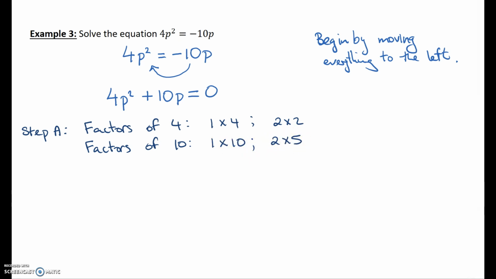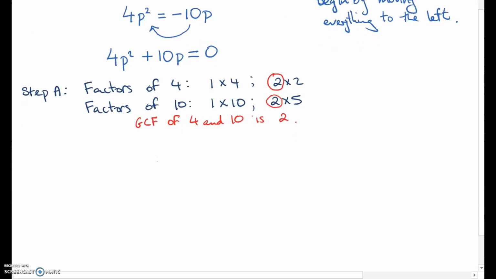And the biggest number that appears on both lines here is 2. 4 on the top doesn't appear on the bottom. 10 and 5 are on the bottom, but they don't appear on the top. So the GCF of the numbers 4 and 10 is 2. Now you may have done that by factor trees before, but if you just list them, that's fine. And I think it's quicker.